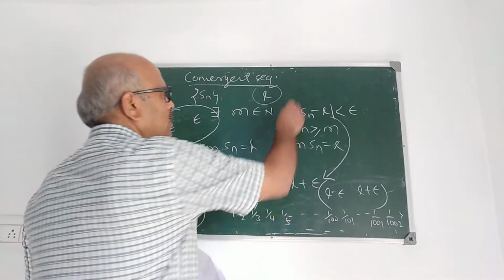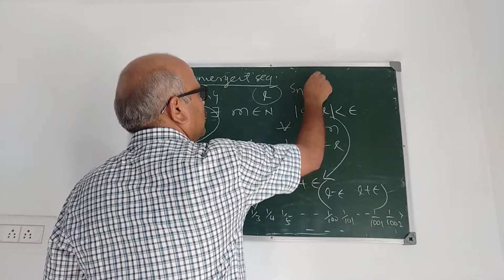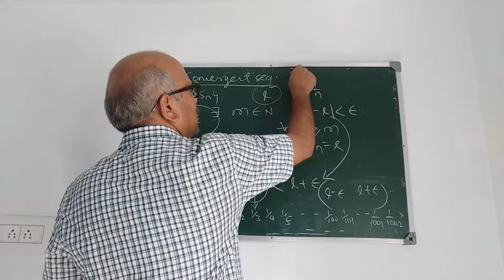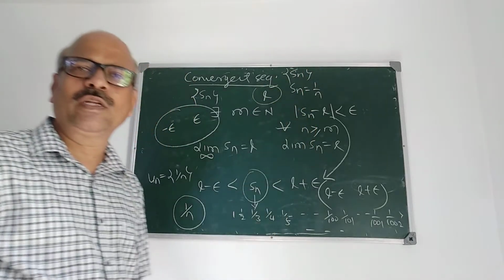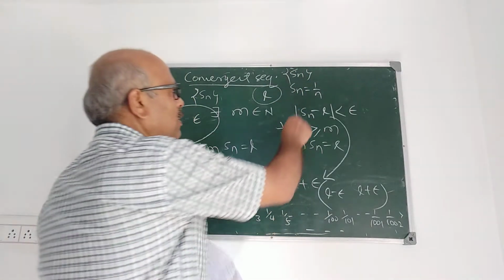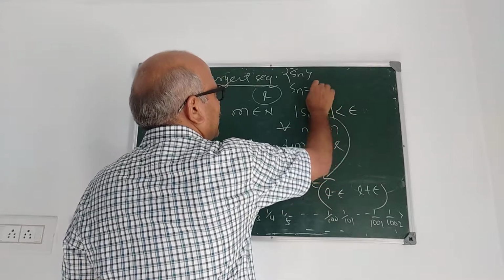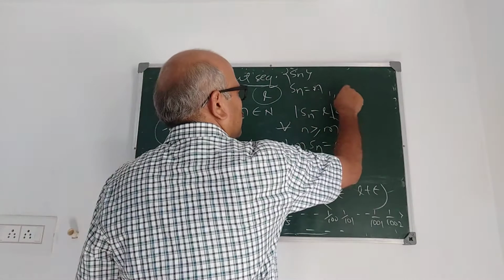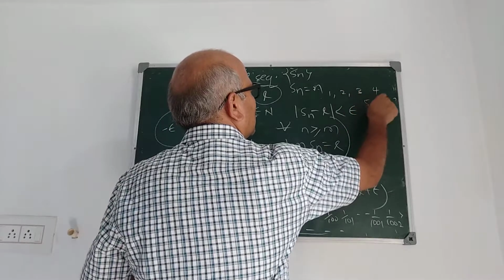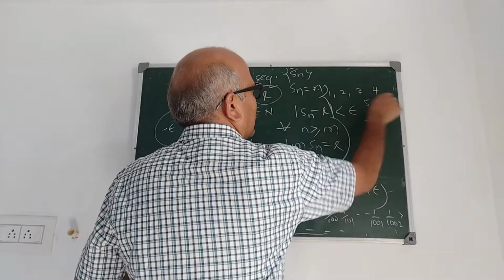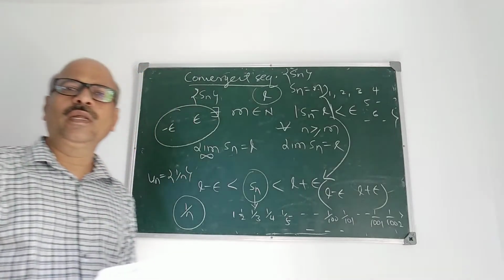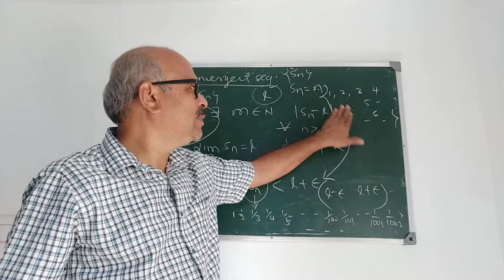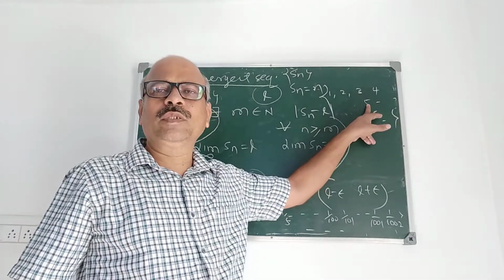See this sequence Sn equal to 1 upon n. What happens if Sn is n? Let us take Sn is n. What are the terms of the sequence? 1, 2, 3, 4, 5, 6, and so on. Now, a sequence consists of an infinite number of terms.